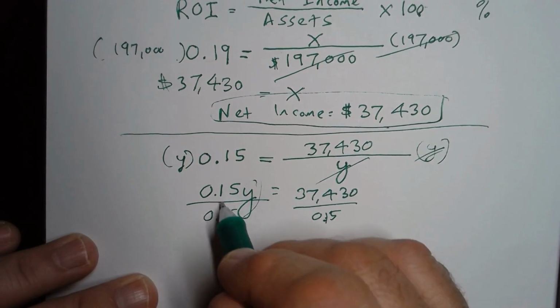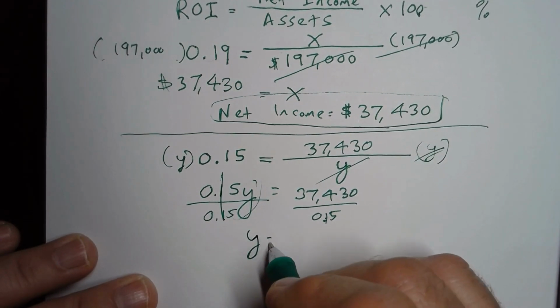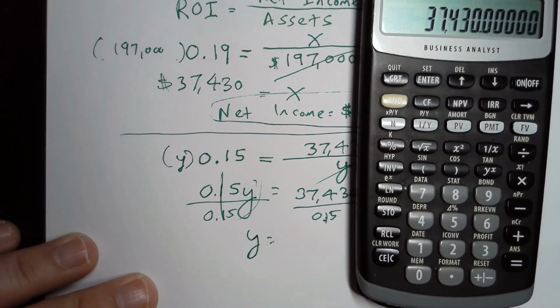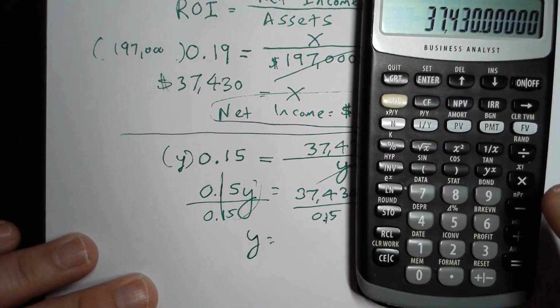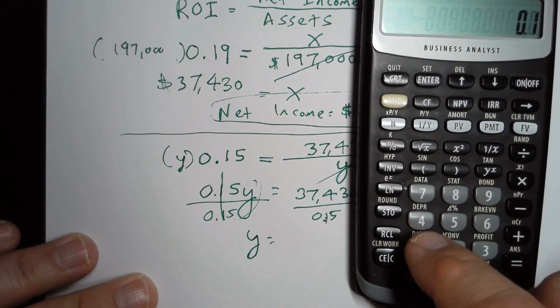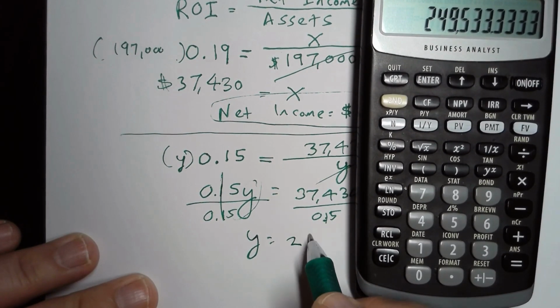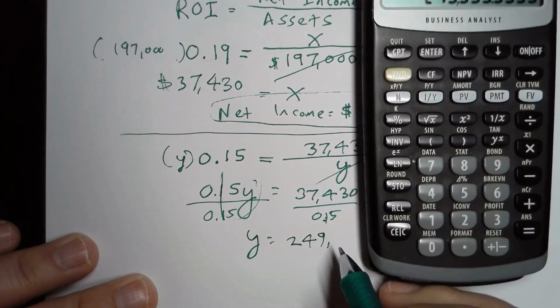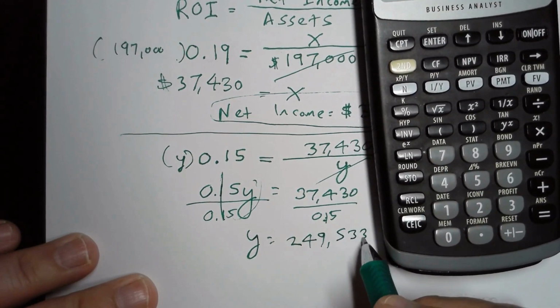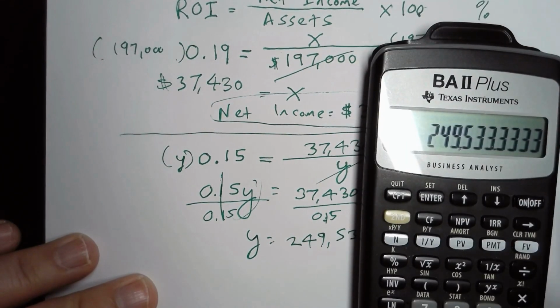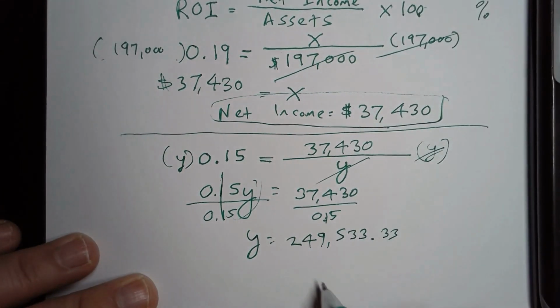And that cancels out, Y is equal to, and look at this, I've already got this in the calculator. That was my answer earlier, so I can just leave it there and divide by 0.15, and that gives me 249,533.33, and if I round that, 3333, it's going to just be 33.